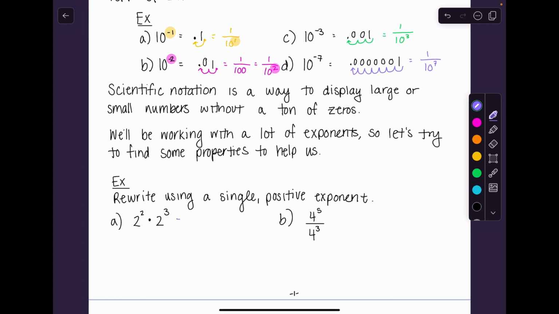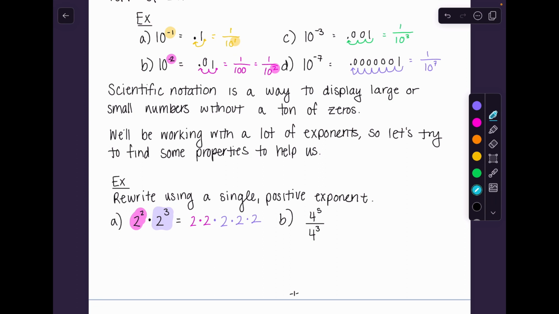But thinking of 2 to the third times 2 to the second, this first piece really means 2 times 2 times 2. And the second piece means 2 times 2. So if I write this out, that's 2 times 2 times 2, and then we're multiplying this by 2 times 2.